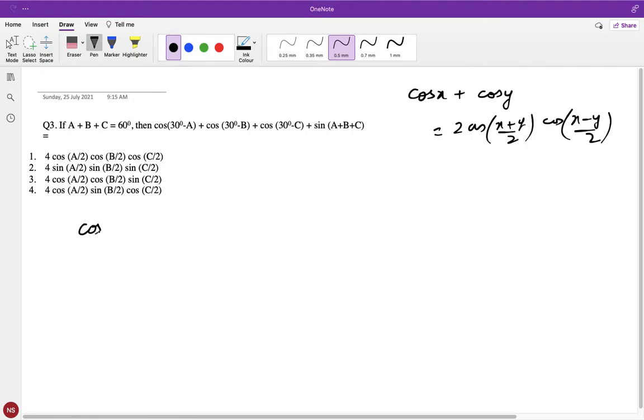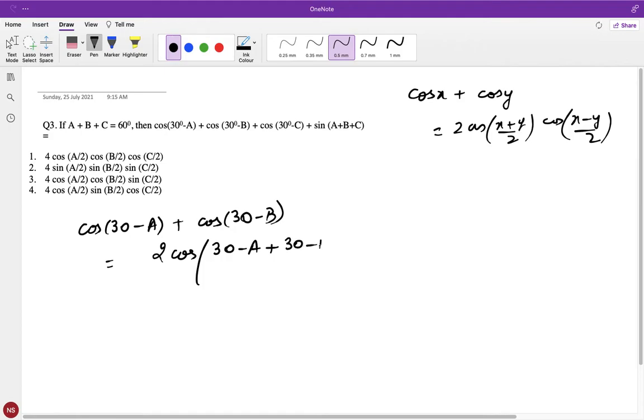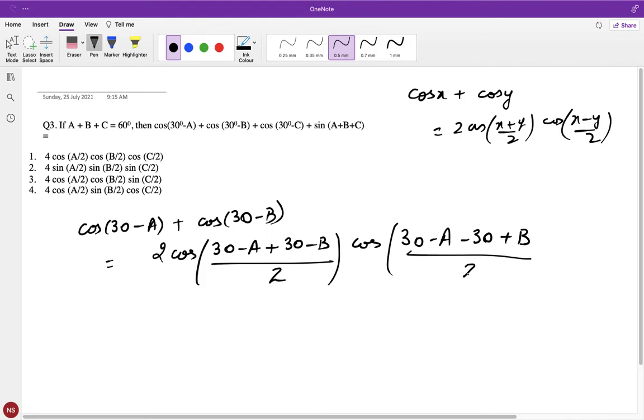So cos 30 minus a plus cos 30 minus b. Let us first deal with this expression. I will use this formula. So 2 cos of 30 minus a plus 30 minus b by 2 into cos of 30 minus a minus 30 plus b by 2. 30 and 30 are cancelled.